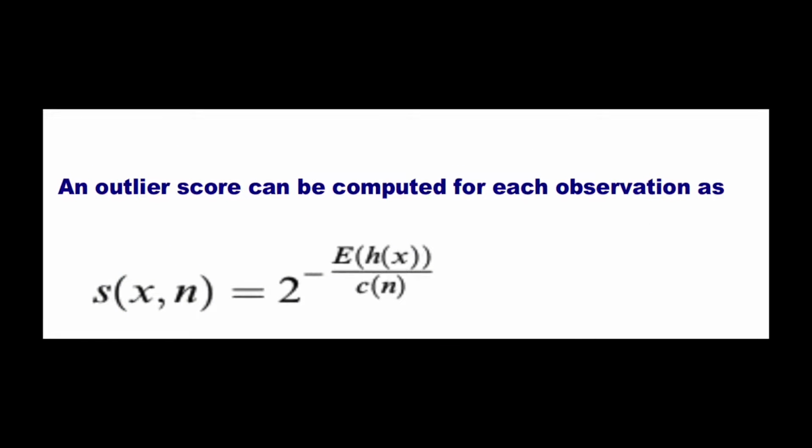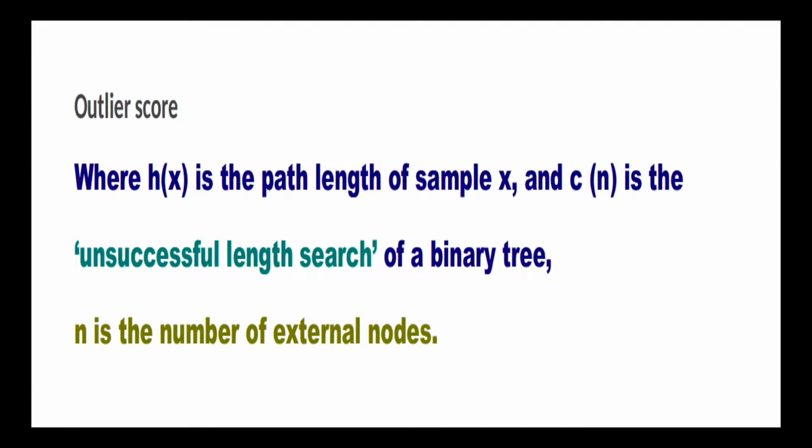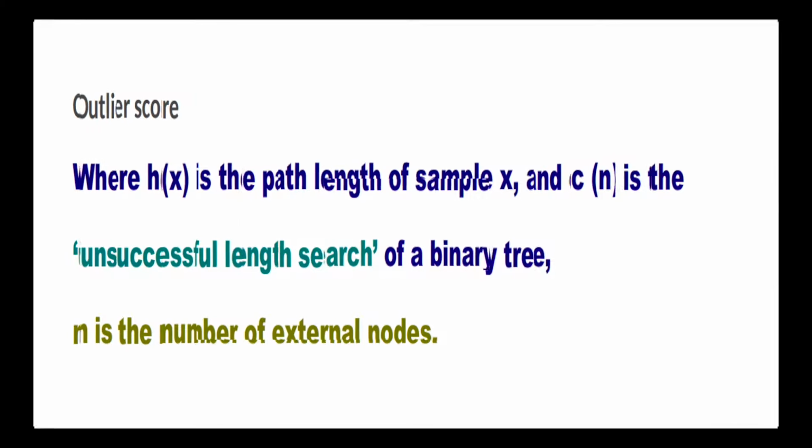An outlier score can be computed for each observation as S(x, n) = 2^(-E(h(x))/c(n)), where h(x) is the path length of the sample x and c(n) is the unsuccessful search length of a binary tree. n is the number of external nodes.